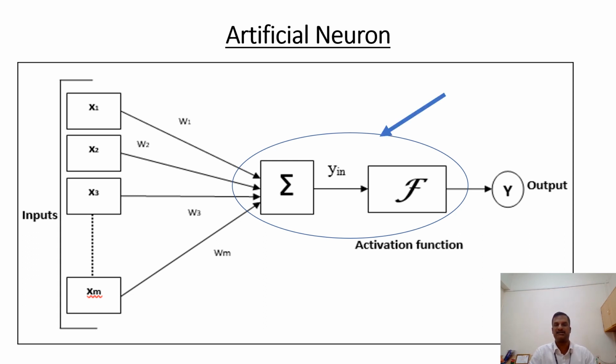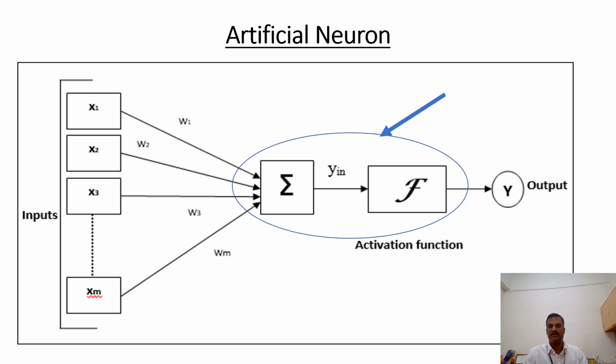The second is the processor, which you can find as the two blocks within the oval symbol in my PPT slide. You can find summation and also activation function. Once you receive the inputs, they are passed through this summation block along with the alphabet W. Keep the alphabet W aside for the time being. Let me complete the processor, then I will explain what this W is all about. So when you have the summation, you have the multiplied values put together for all x1, x2, x3, and you add everything together.